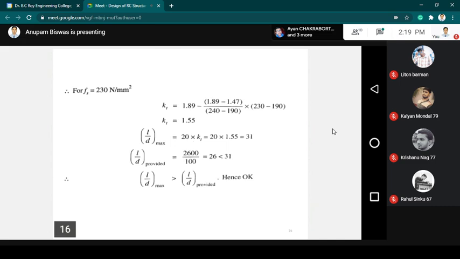So from the figure, the steel stress at service load in Newton per mm square.